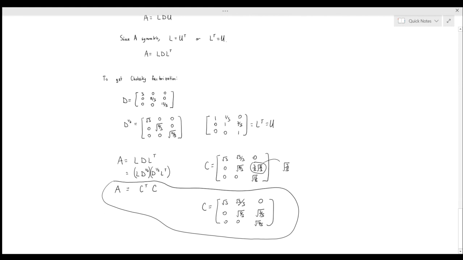So Cholesky's factorization, it's useful in simplifying and or speeding up certain algorithms that involve positive definite or positive semi-definite matrices. So that's like one kind of application of it.